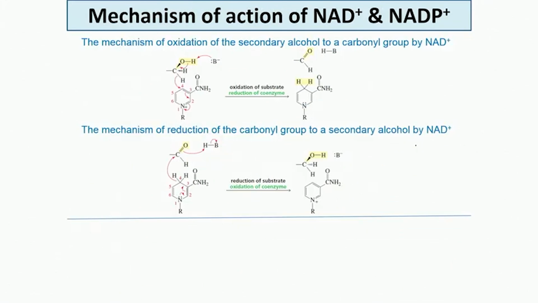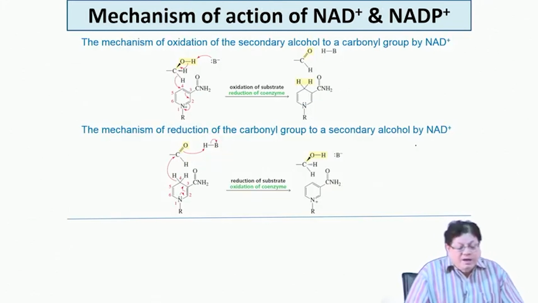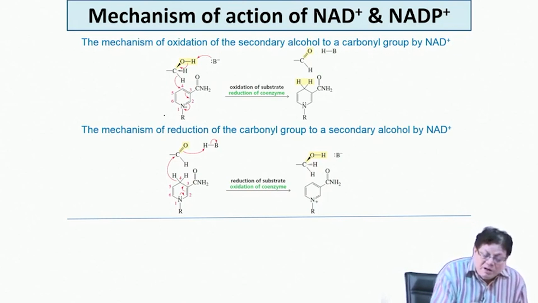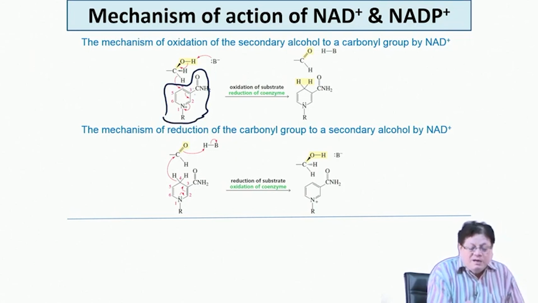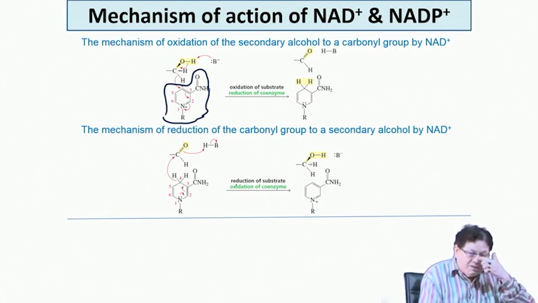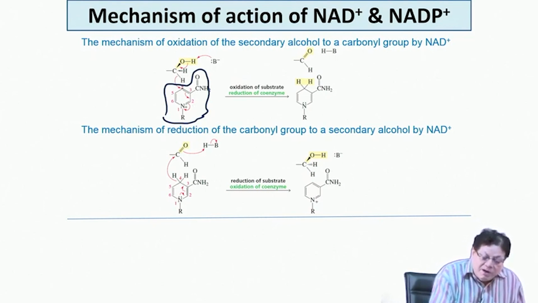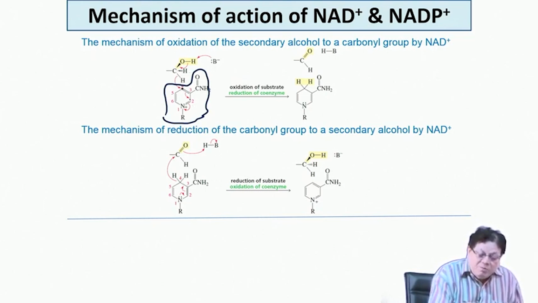The question is how NAD plus works. Okay. Now, NAD plus, again it is a complicated structure, but the functional part is only this nicotinamide. So, we can write NAD plus always in the abbreviated form R, and the nitrogen is positively charged. As nitrogen is positively charged, like pyridoxal phosphate, it becomes an electron sink, and this 4th carbon is very vulnerable because of the electron pull by the nitrogen.